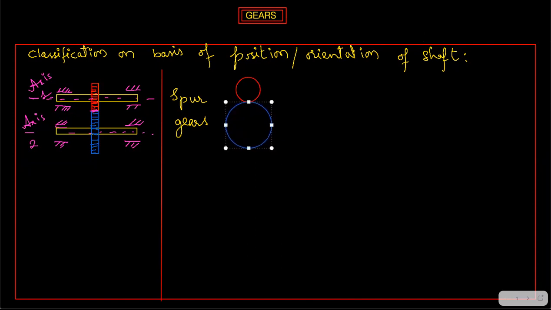And the centers of the shafts are in a line, in the same line. So this is the shaft center, this is the shaft center. You can't see it in this view, right? You're looking from the side. Fine. When you're looking from the side, you see it in this manner.